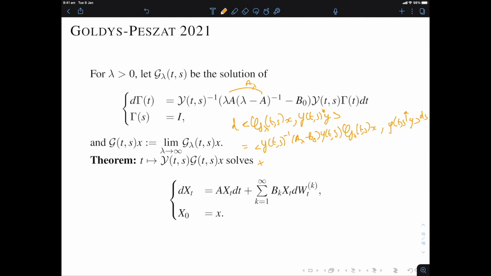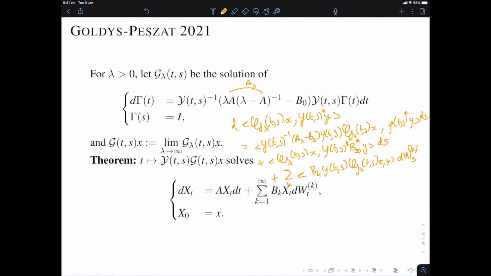And then when we differentiate the right-hand side, we get G lambda TS of x, Y TS star, sorry, B0 star of y ds. And then we get the sum over k of the terms that involve Bk, Y TS, G lambda TS x, y, dWk s.